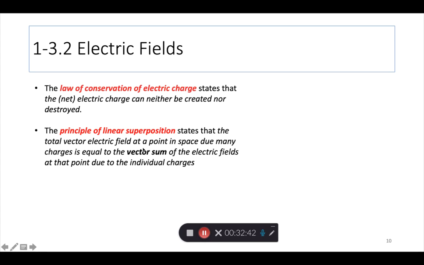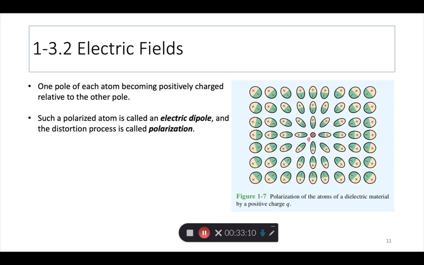Similarly, the principle of linear superposition states that if there are two electric charges, then the total sum of the field is the vector sum of the fields due to the individual charges, right? I'm sure you remember from circuit theory the idea of superposition. The same thing applies to fields also.